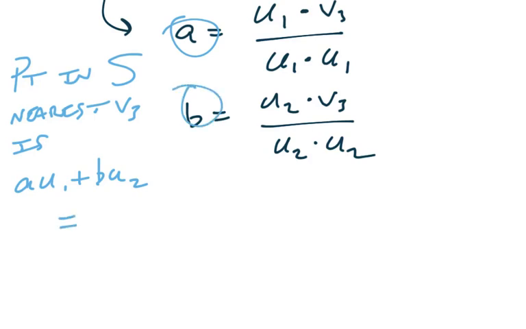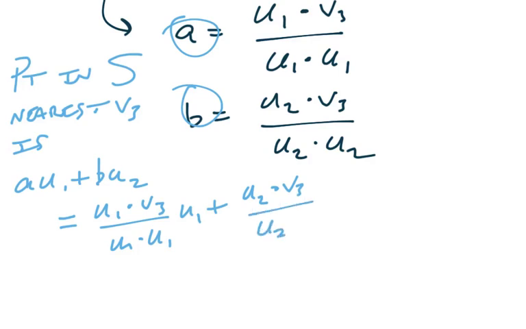So if we write this out, this is going to be u1 dot v3 over u1 dot u1 in the direction of u1. That's a u1 plus u2 dot v3 over u2 dot u2 in the direction of u2. That's b times u2.